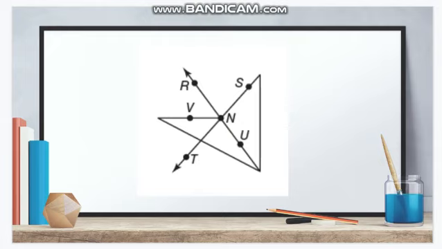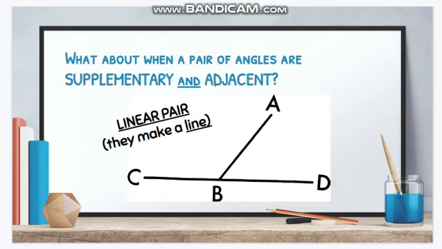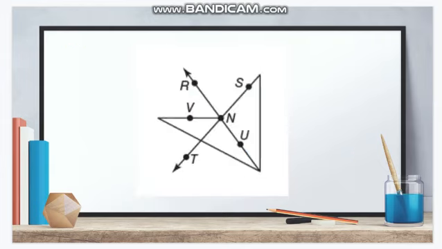And the last one, we want to find an angle that's supplementary to TNU. Since there are no measurements on here, we're going to have to go with our definition for a linear pair. We know that if they add together to make a line, then they are supplementary. So we want to look at TNU and figure out which angle makes a line with this one.